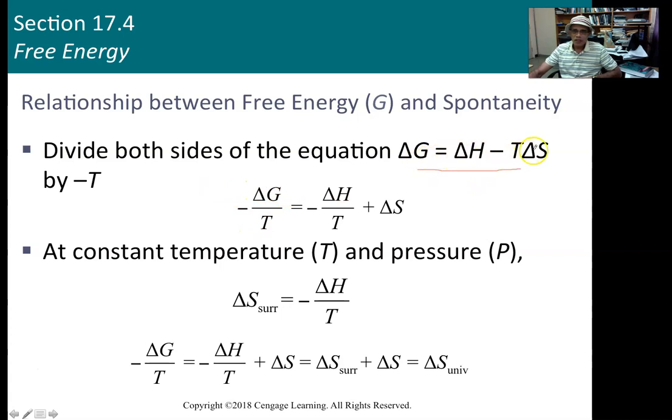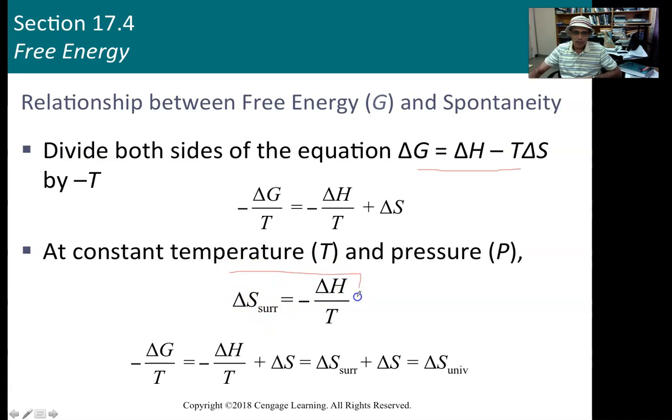If you divide this equation by minus T, you get minus delta G over T equals minus delta H over T plus delta S. Because delta S and delta G here are for the system, at constant temperature and pressure, the delta S of the surroundings is essentially this.